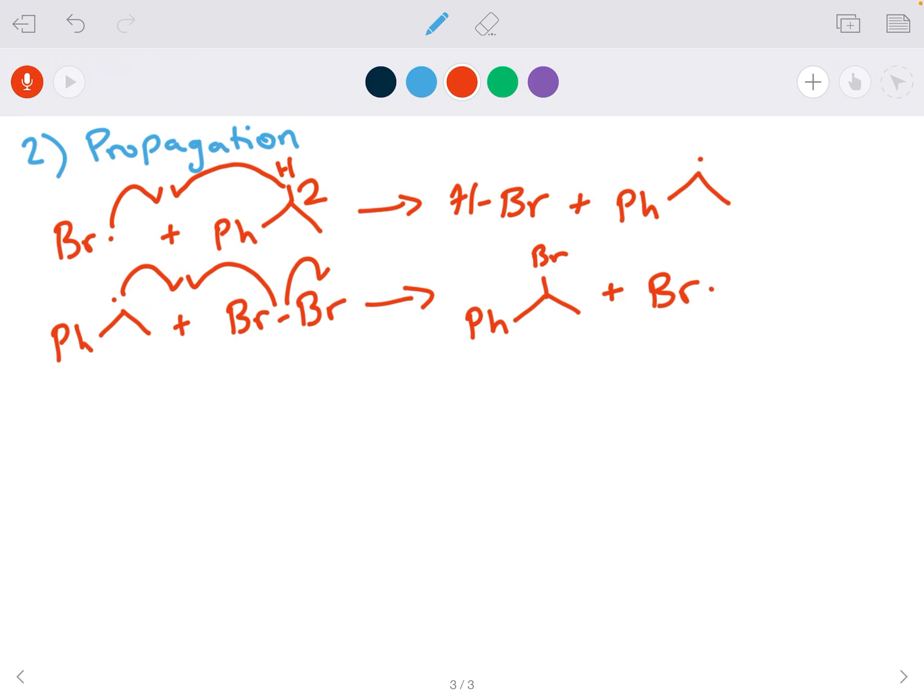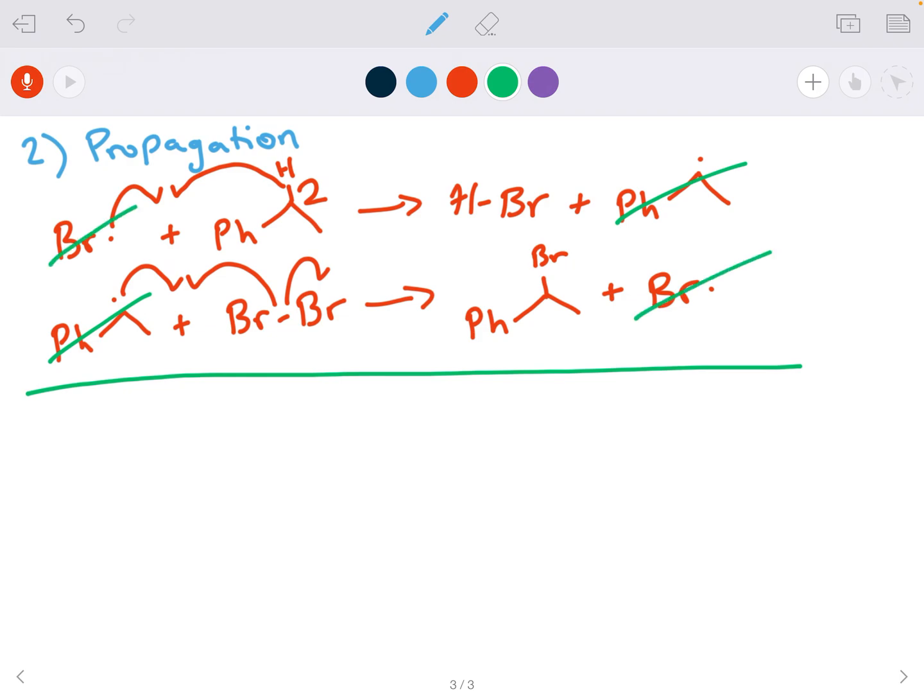So notice here that if I were to sum up the steps of the propagation and cross out things that appear on both sides, that radical would cross out, the radical bromine would cross out, and I'd be left with Br2 and then our product.